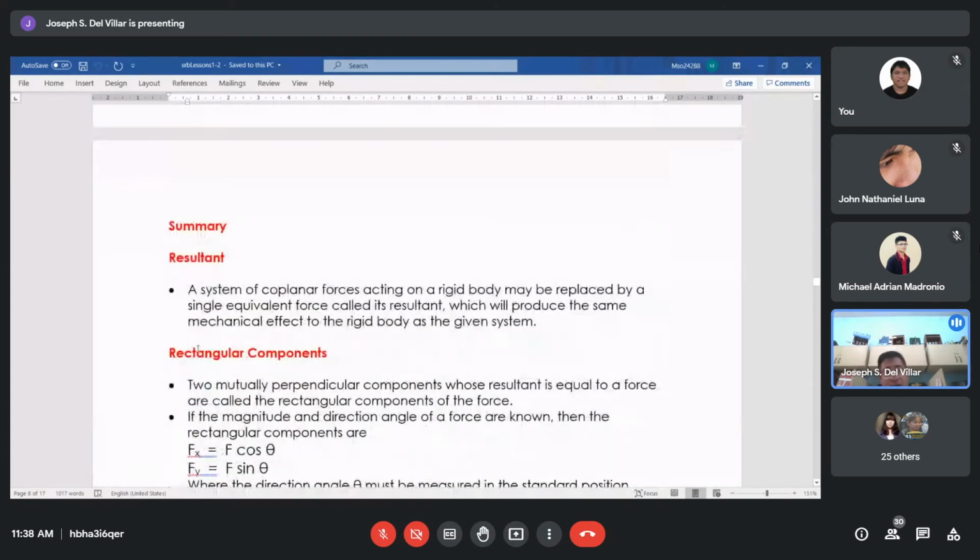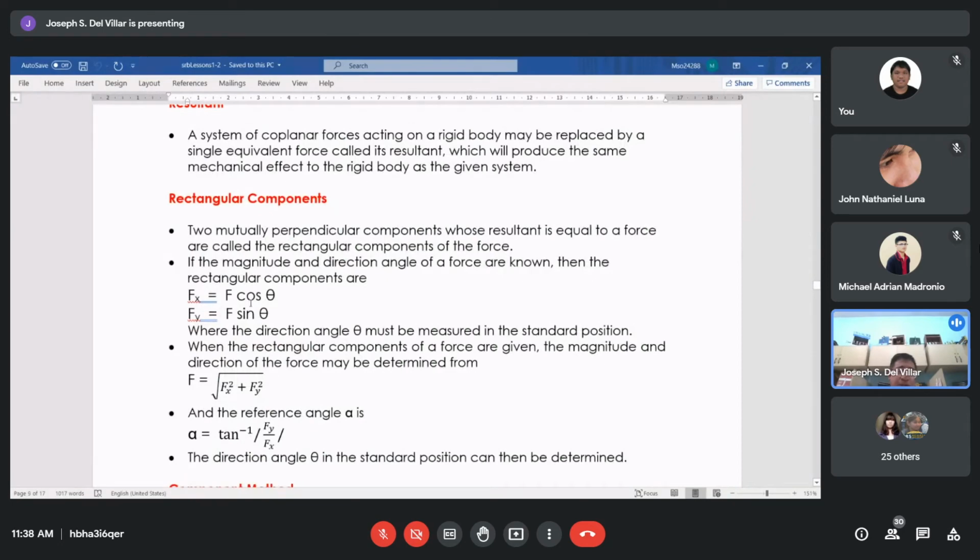Okay, the summary. To sum it up, the resultant is the single force that represents all the given forces, the vector sum. Now, rectangular components, ito yung x and y components. This formula can be used only if the angles are referenced along the x.